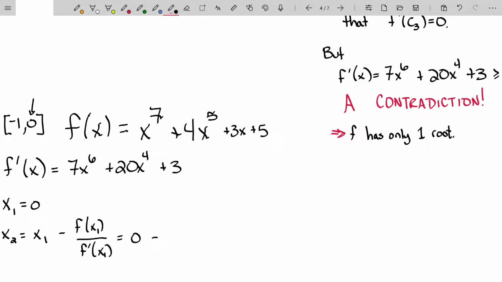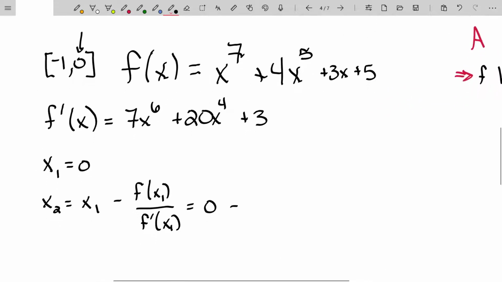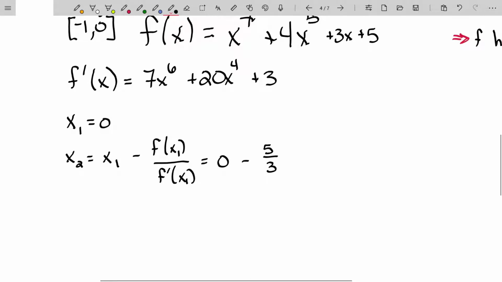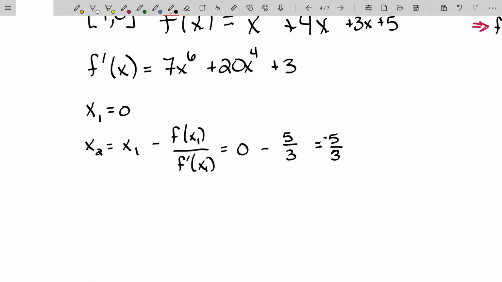All right. So evaluating that function at 0, we get 5, and 3 is what the derivative is at 0. So we get -5/3. And that will be our x sub 2.